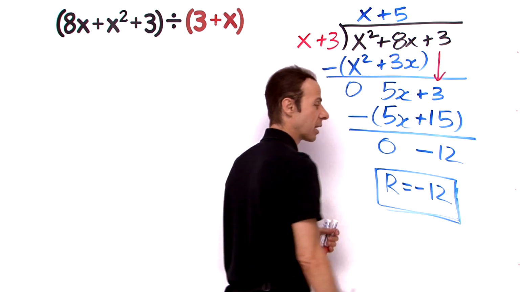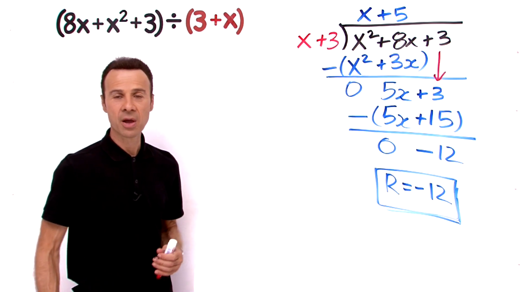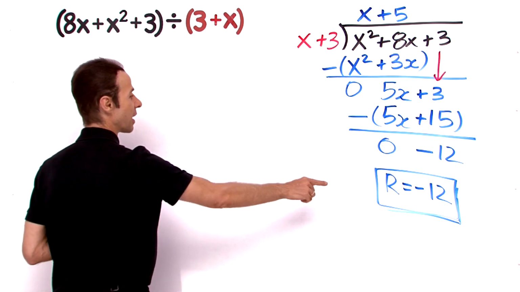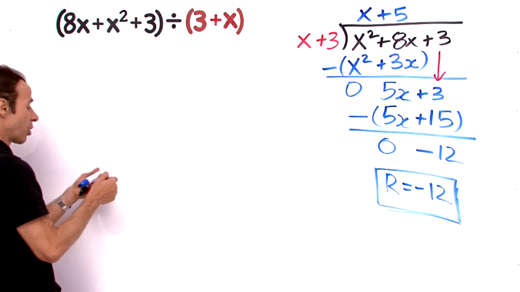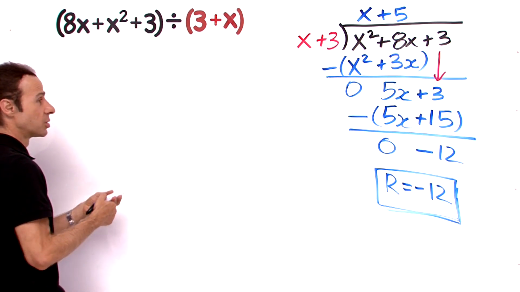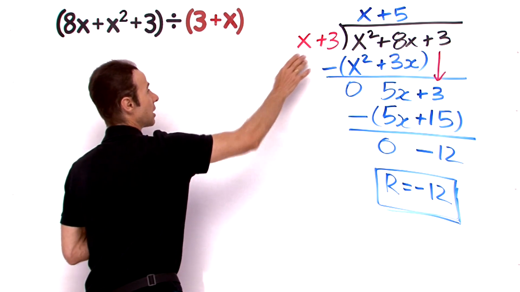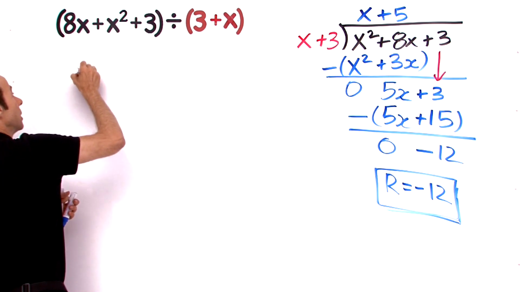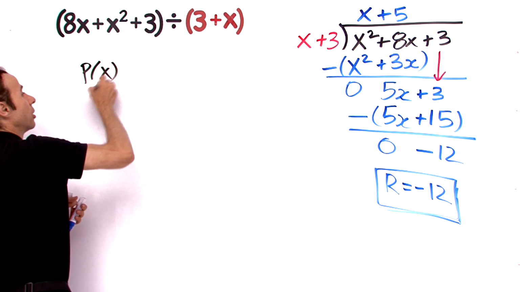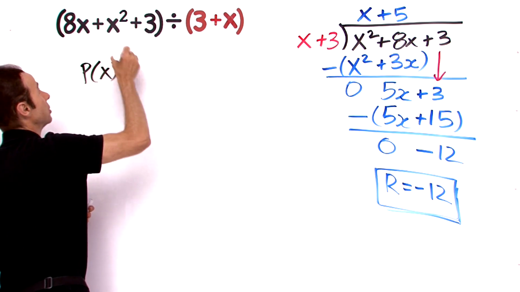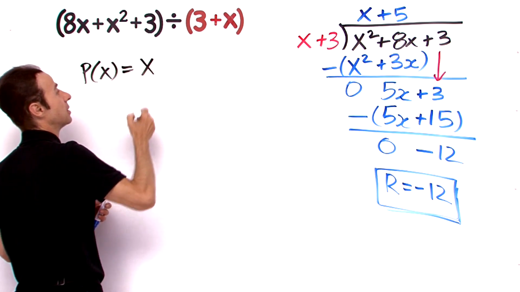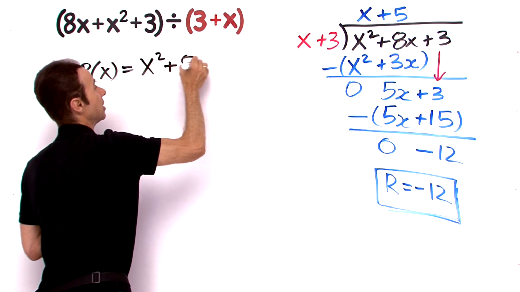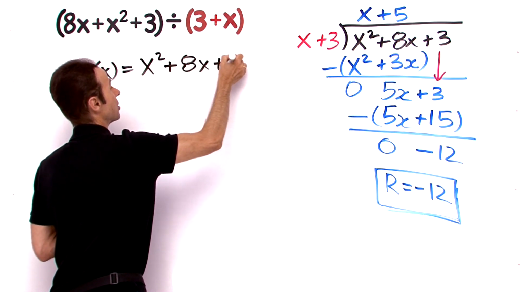Okay, let's do it the quick, simple, efficient way, the remainder theorem. So we're going to do the same process, and we're going to come up with that very quickly. So this is what we do. We're going to substitute this particular value in there, and it works like this. We're going to go p of x, or function x, or polynomial x, is equal to, let's write it in descending order, x squared plus 8x plus 3.